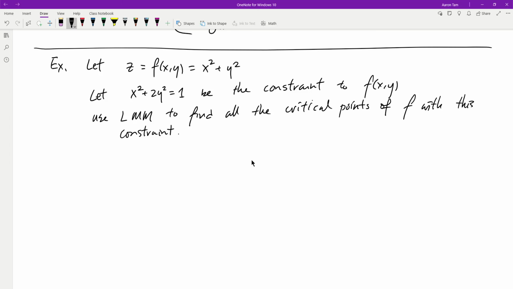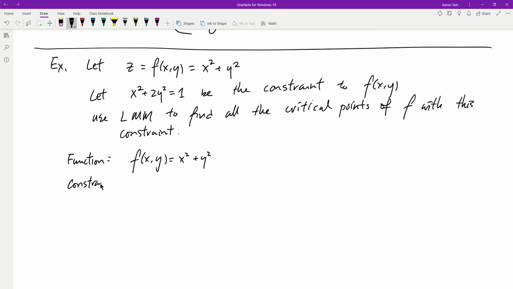While the constraint must have an equation with a fixed output at the end. In this case, the equation x squared plus 2y squared is fixed because it's always equal to 1. So this is how we start the problem. We have our function, f of x y equal to x squared plus y squared, and we know the output is z.